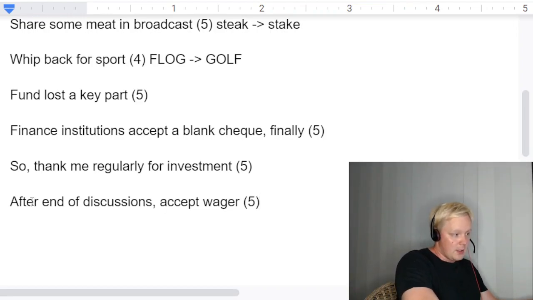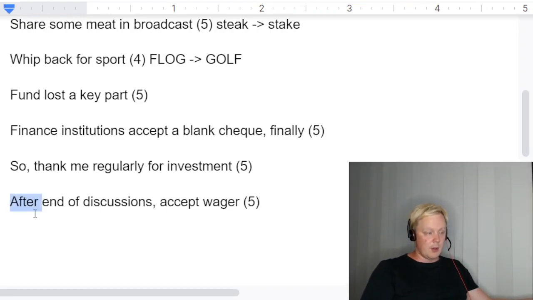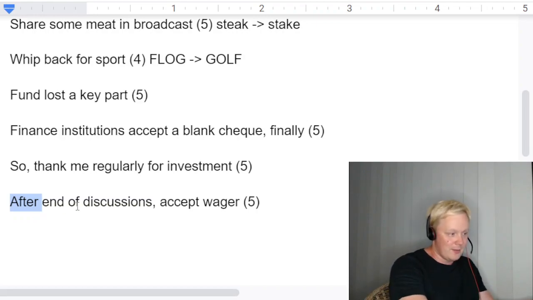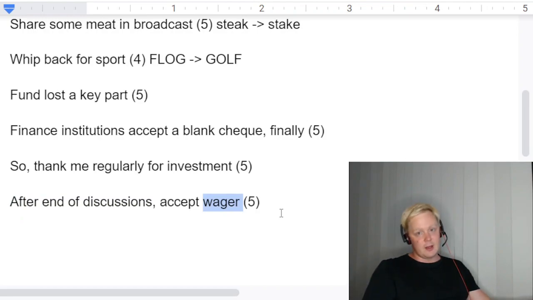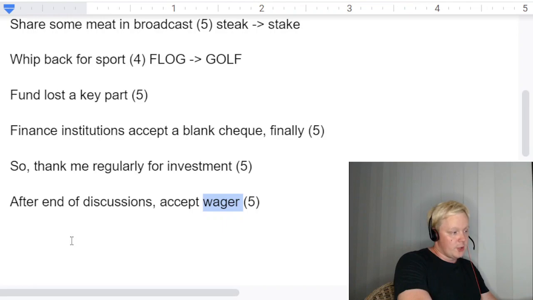So if you see after here, that's a very common or likely part to be wordplay. So you might immediately look at the end to see the definition. And here the definition is wager, your stake in the pot, the amount of money you bet is your wager, your stake. So here after just says that end of discussions, that's the S here.